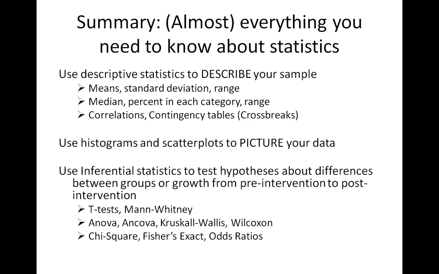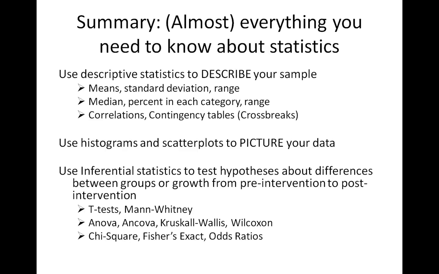So for two groups, for example, two different kindergarten classes, maybe your last year's kindergarten class compared to this year's kindergarten class where you did an intervention that was different from last year, you would use a t-test, because kindergarten children's scores on something like a phonological awareness test or a reading test would be a continuous variable. So you'd either use, for two groups, t-tests or Mann-Whitney, depending on whether it's normally distributed or not.